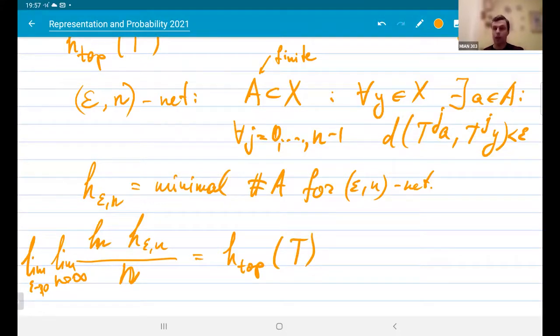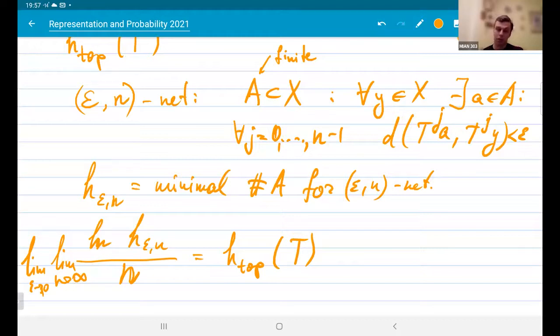Again, this is the same. Epsilon is some sort of precision, the minimal distance that I can see with my eye. I do not have a precise vision, so slight deviations are okay, where I go not to the point exactly, but to some point nearby. And n is your time.